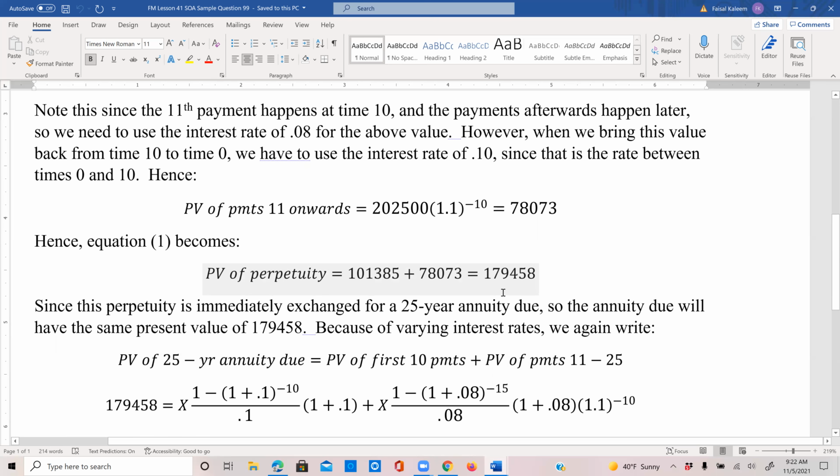Again, the interest rates are varying, so even this annuity due will have to be broken down. It's a 25-year annuity, so we break it up into the first 10 payments and the remaining payments.